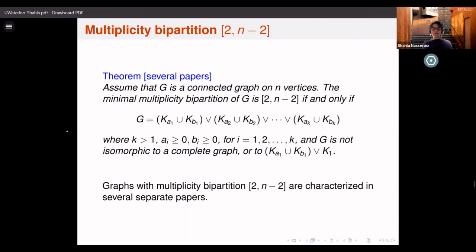And then two other complete graphs, again of any size, and union them together, and continue this as much as you like, k times, which is not related to 2 really, and then join all of them together. So as long as we don't create a complete graph, or this one, the union of two completes joined with an isolated vertex, it's shown that these graphs are going to have multiplicity bipartition of 2 and m minus 2, and those are the only graphs.